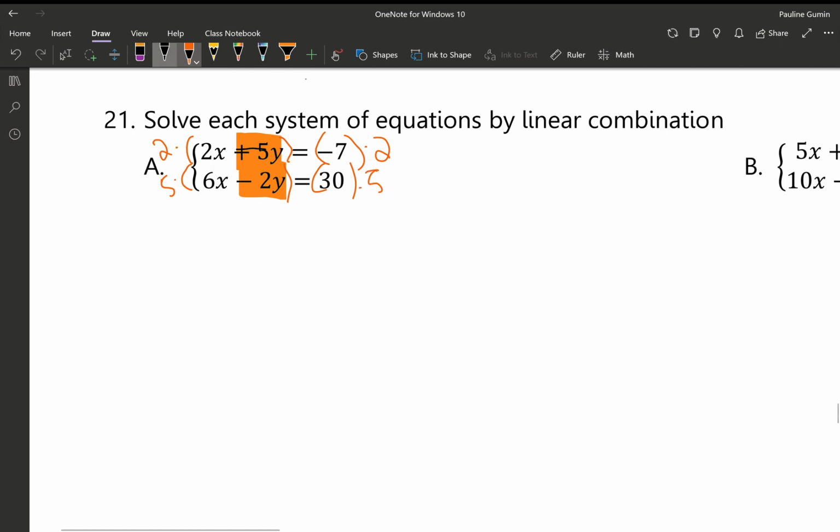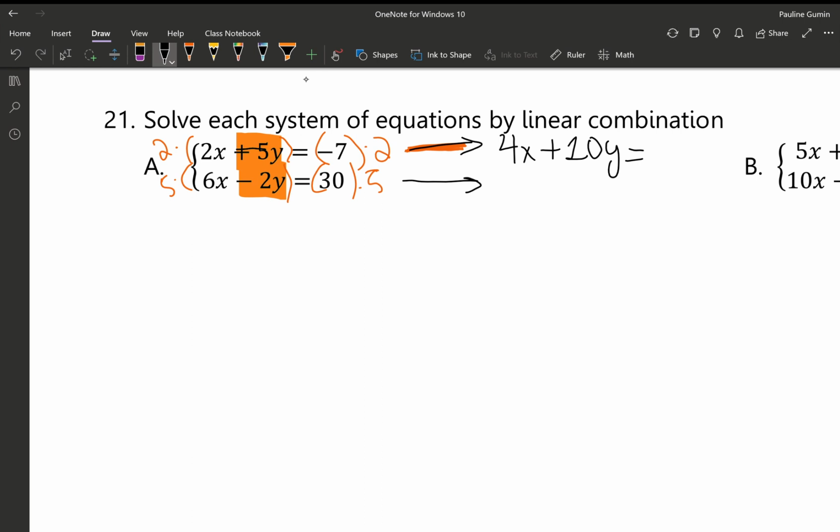So let's see what happens. If we do this right, our y's will be able to cancel out. Just waiting for my pen to turn back to black. There we go. All right. 2 times 2x gives us 4x. 2 times 5y is 10y.